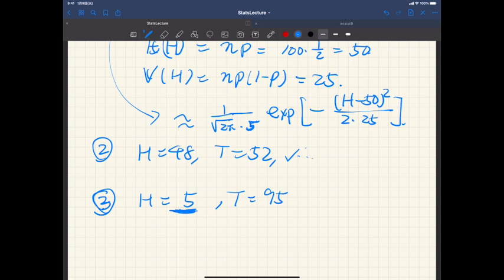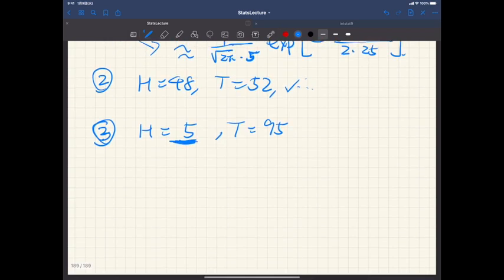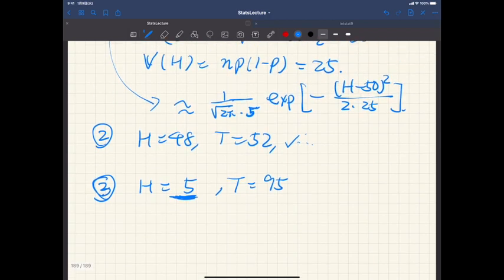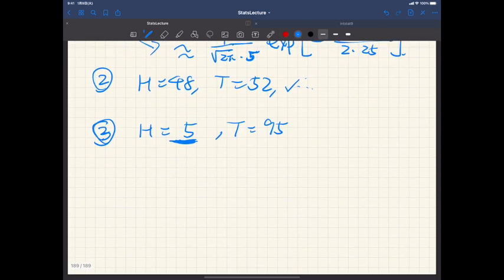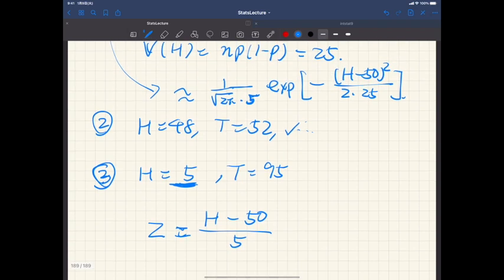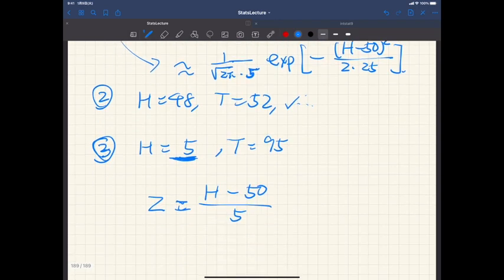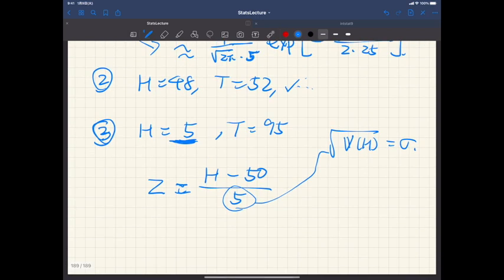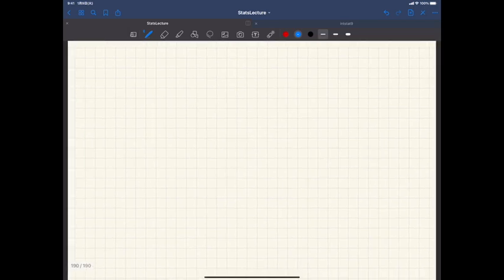So for example, if we standardize this random variable h, we have z equal to h minus 50 divided by 5, which is the standard deviation. This 5 is of course the square root of the variance, the standard deviation.